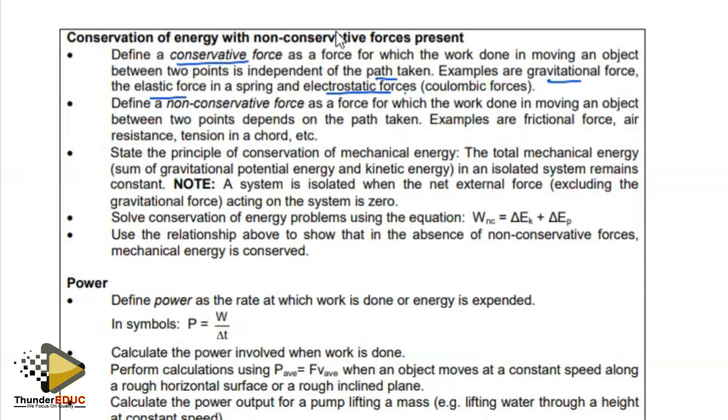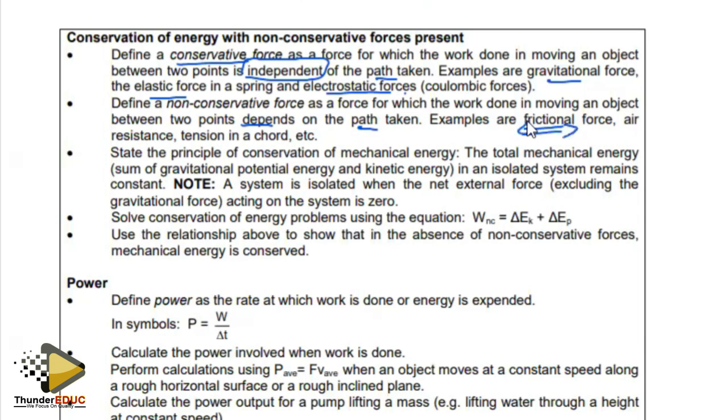The directions are already determined in which the work is going to be done. That's why we say that the work is independent of the path. In other words, the work does not depend on the direction because we already know what's going to happen with the directions. Then the non-conservative force is one for which work done in moving an object between two points will also depend on the path. An example, frictional force.